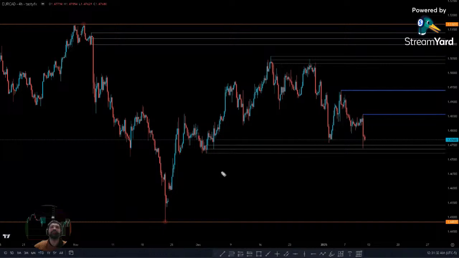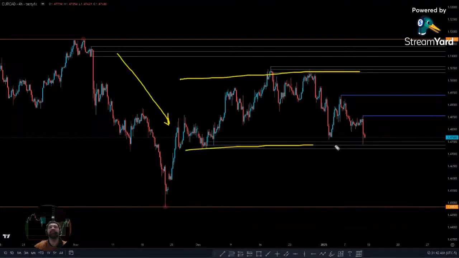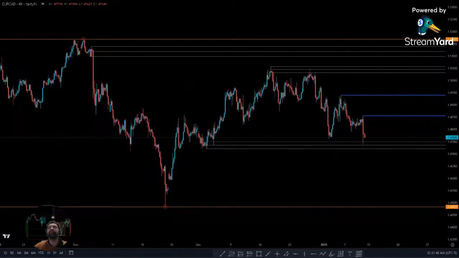So if we see the overall structure, we do have a bearish move around here, but right now the price is moving within our range like that. What could be the next possibility is just looking at this zone right here.